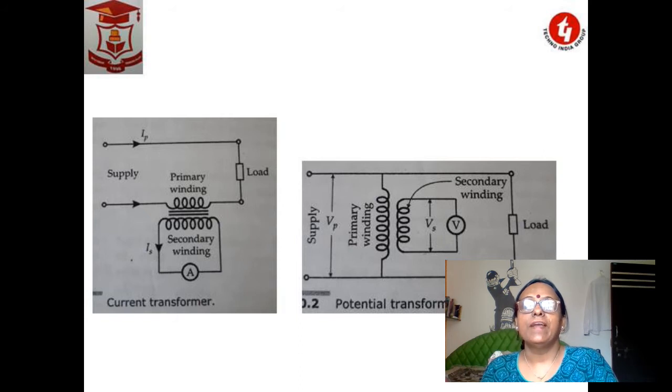So this is the phase, this is the neutral, and in this winding the main current passes through it, what we want to measure, and the secondary is connected to an ammeter, actually stepping down the current.